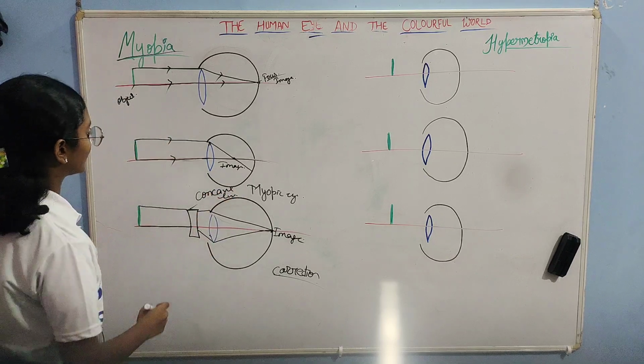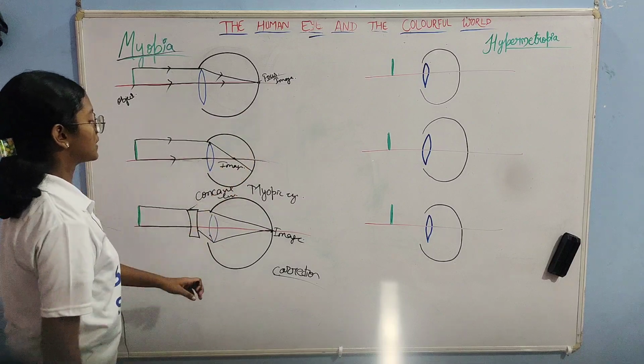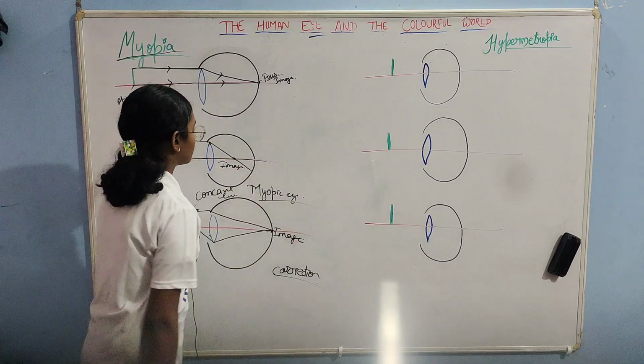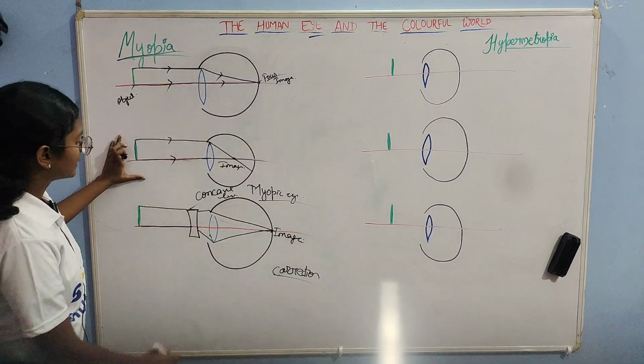So, by using a concave lens, a myopic person will be able to see the far object quite clearly.